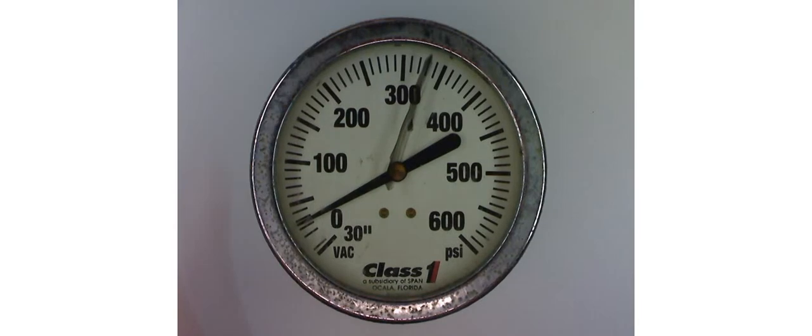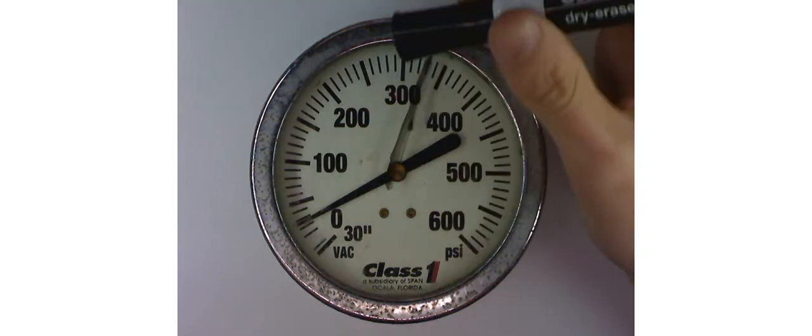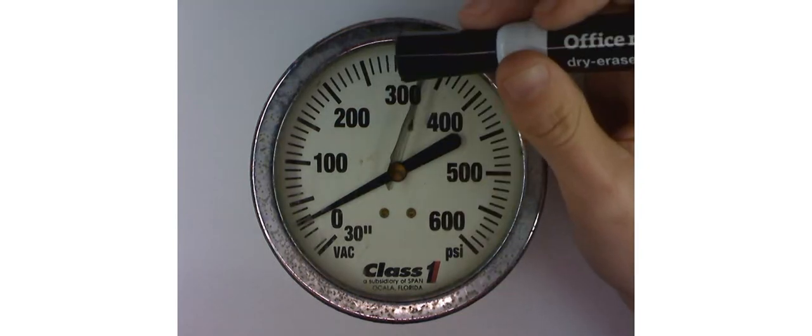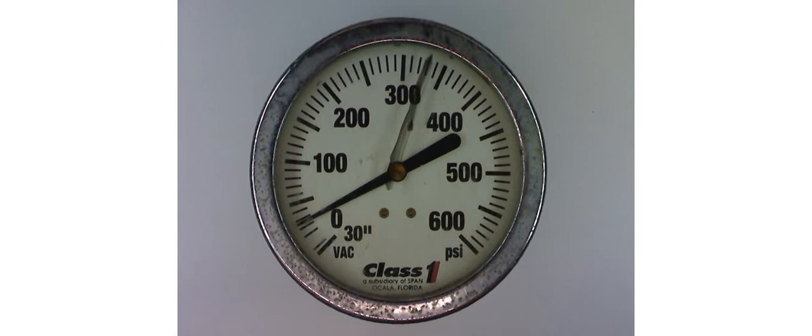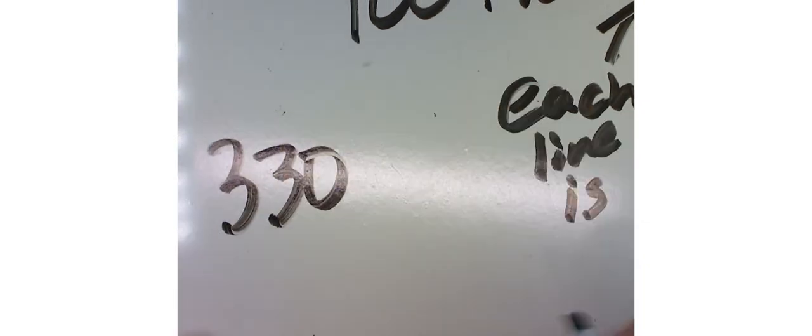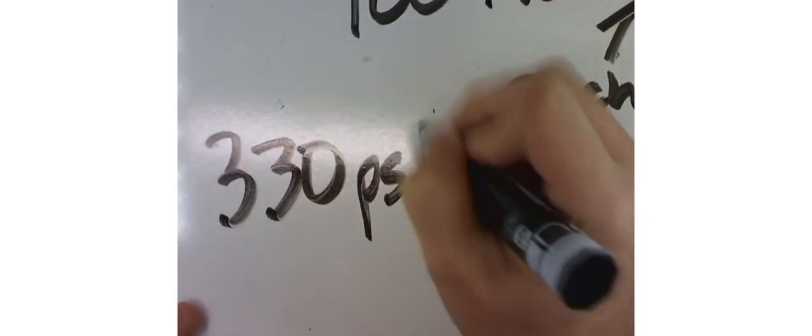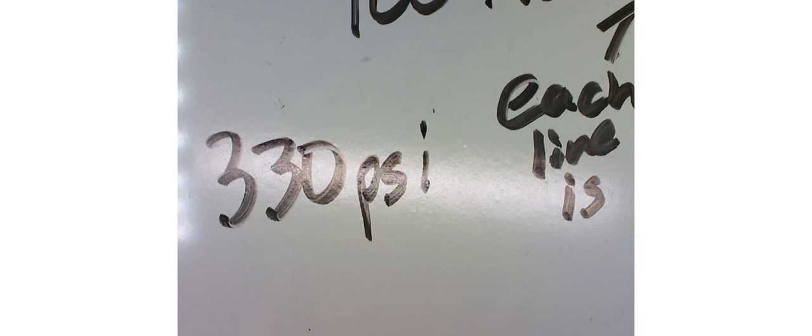We go to the previous one. We got 3 spaces. We know each space is worth 10. So we have 310, 320, 330. So the reading for this would be 330 PSIs. Okay. So just to reiterate that, 330 PSIs. Okay, pounds per square inch.